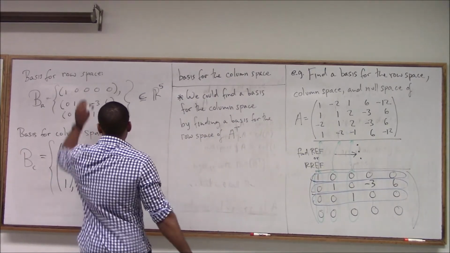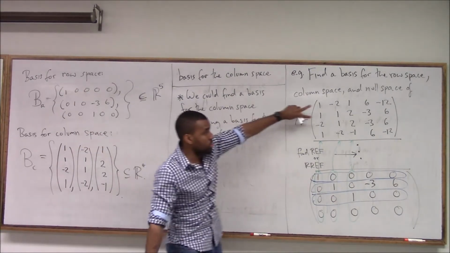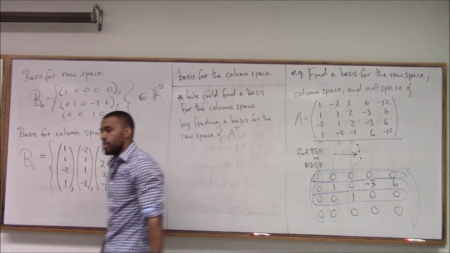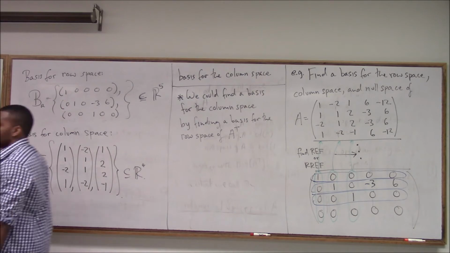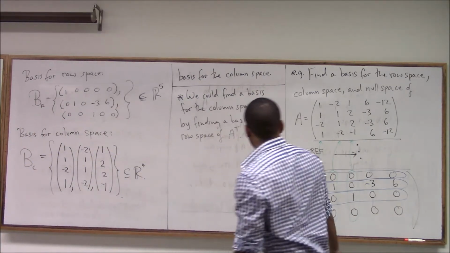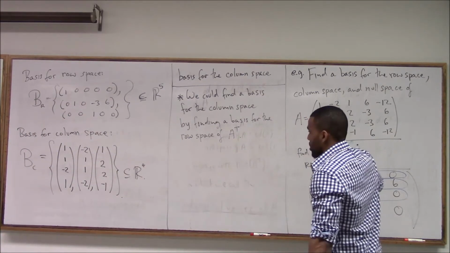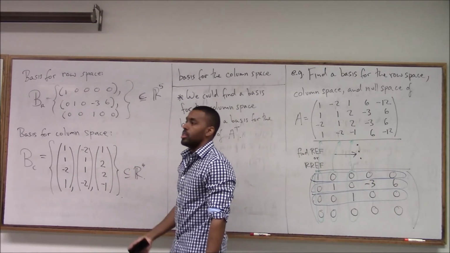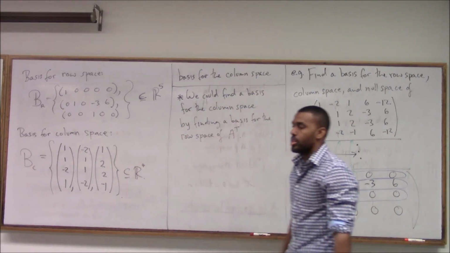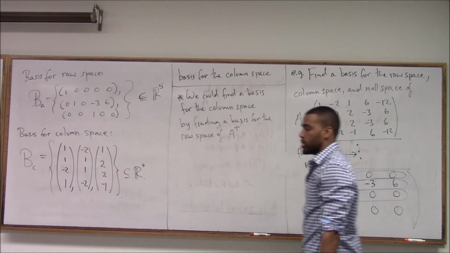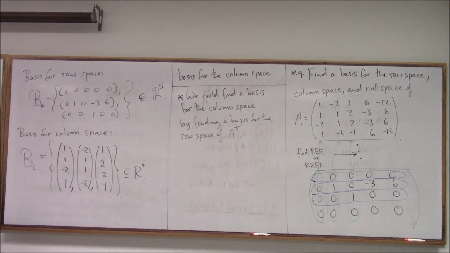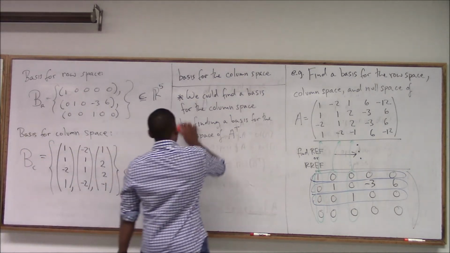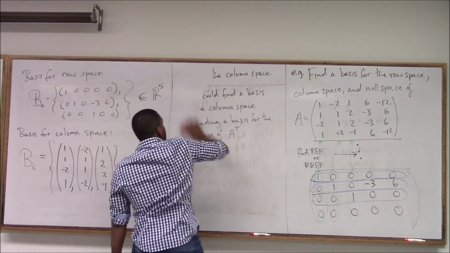If I took three of the originals, I would still form the same space, but the numbers would be uglier. If you did the transpose method, though, you could have a cleaner version. If I did the transpose and did the row operations, I could have a cleaner version of this. If that's important, then you can do it. But you have options here. That would depend entirely on context.